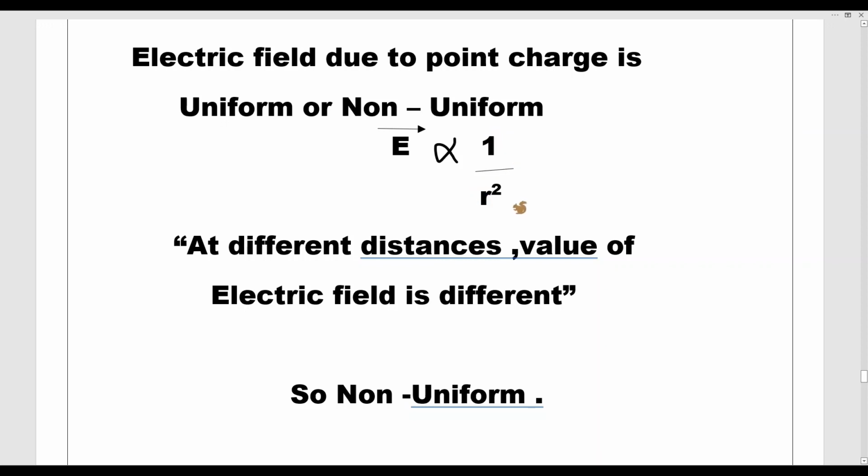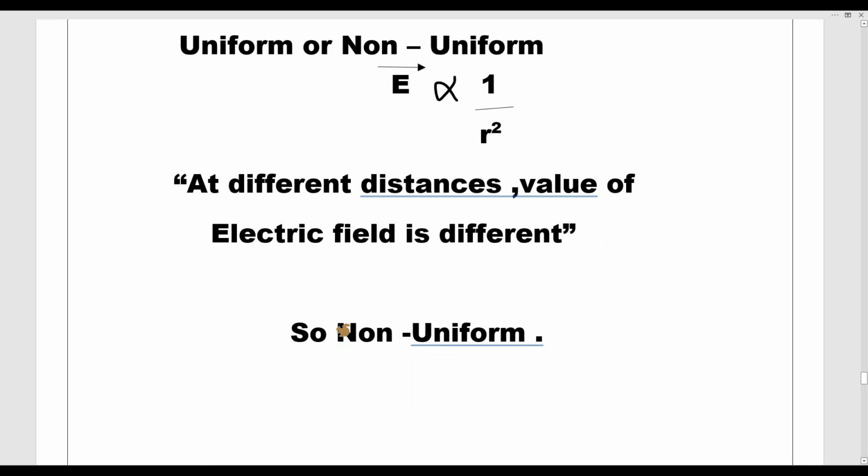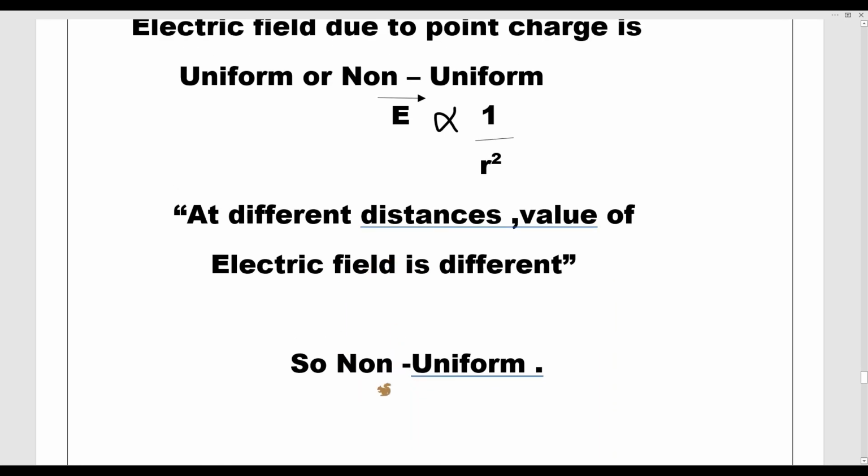That is, electric field due to a point charge is inversely related to the square of distance from the source charge. So at different distances, the value of electric field will be different. So it is clear that electric field due to a point charge is not uniform.